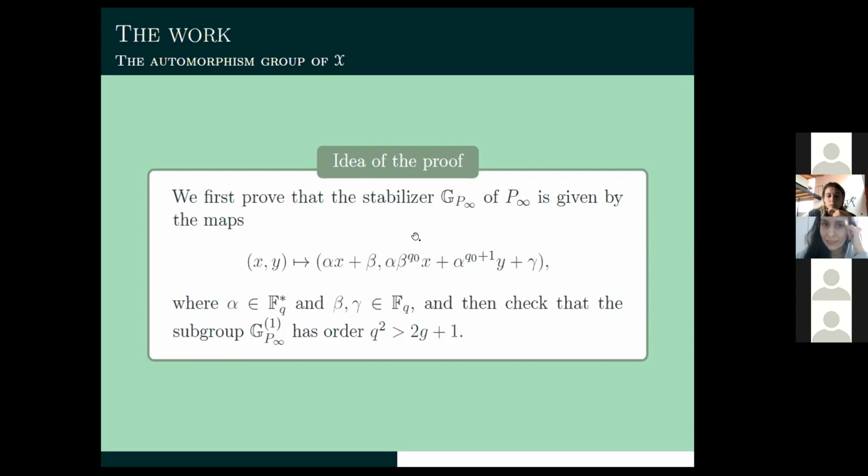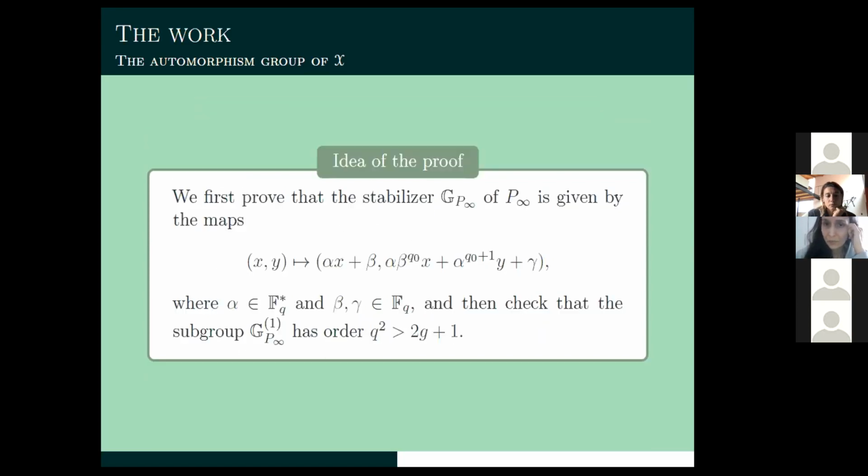One direction of this equality is easier, provided by a direct computation. The other one uses some properties of the Weierstrass semigroup at P infinity.